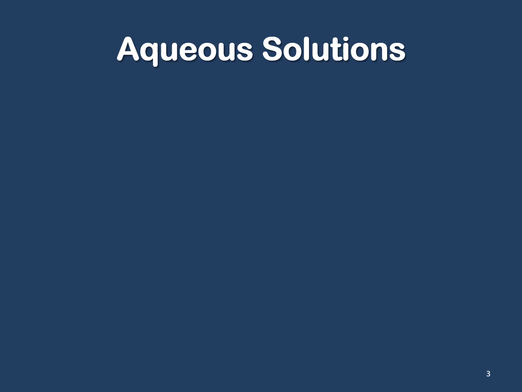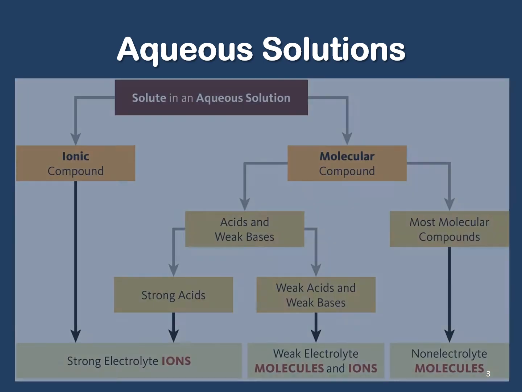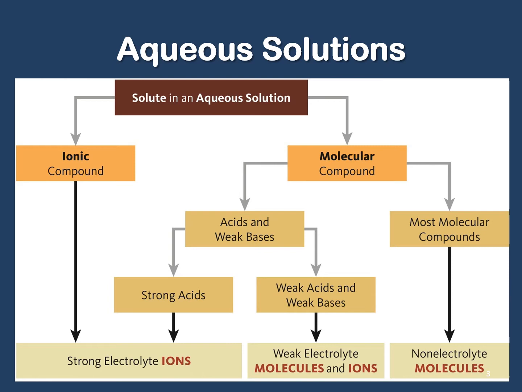Okay, so one of the things you're going to need to be able to do is look at a solute and determine whether that solute is going to be a strong electrolyte, a weak electrolyte, or a non-electrolyte. This is one of the bigger struggles for sure in this chapter that students face. Now, the first step in trying to figure this out is really identifying what type of compound we're dealing with.